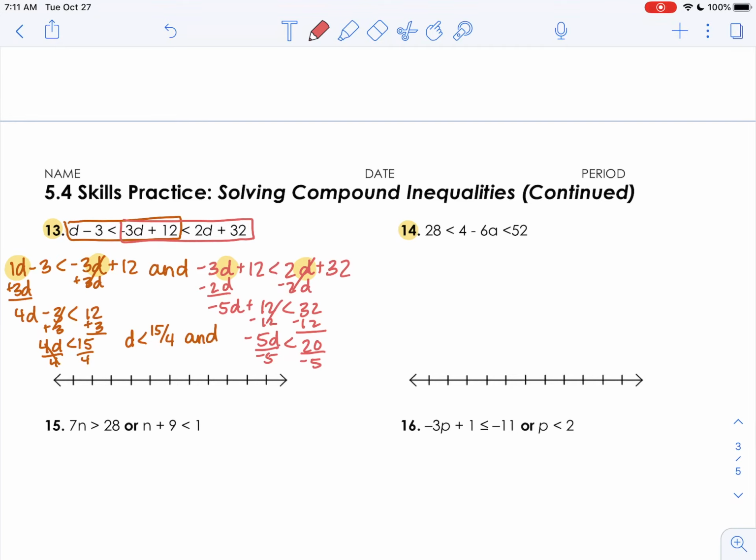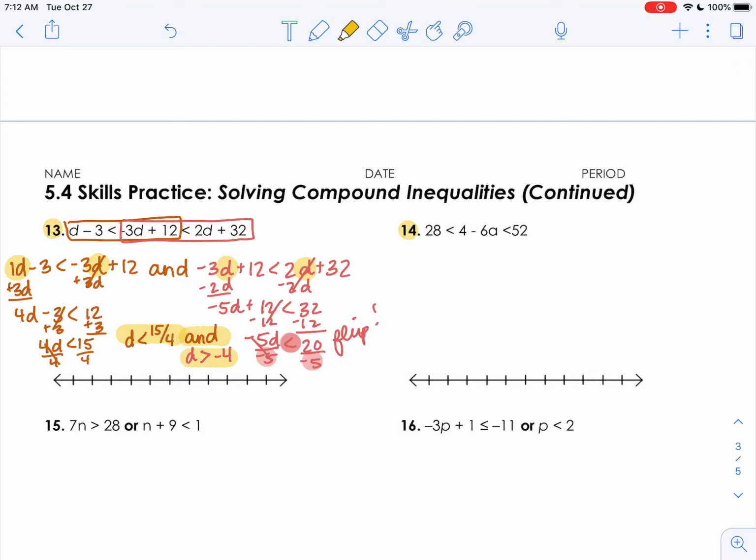But remember, we're dealing with inequalities. Anytime I divide by a negative, I have to flip my sign. So the negative 5s will cancel, and I'm left with d is greater than negative 4. So here's my solution. d is less than 15 over 4, and d is greater than negative 4.